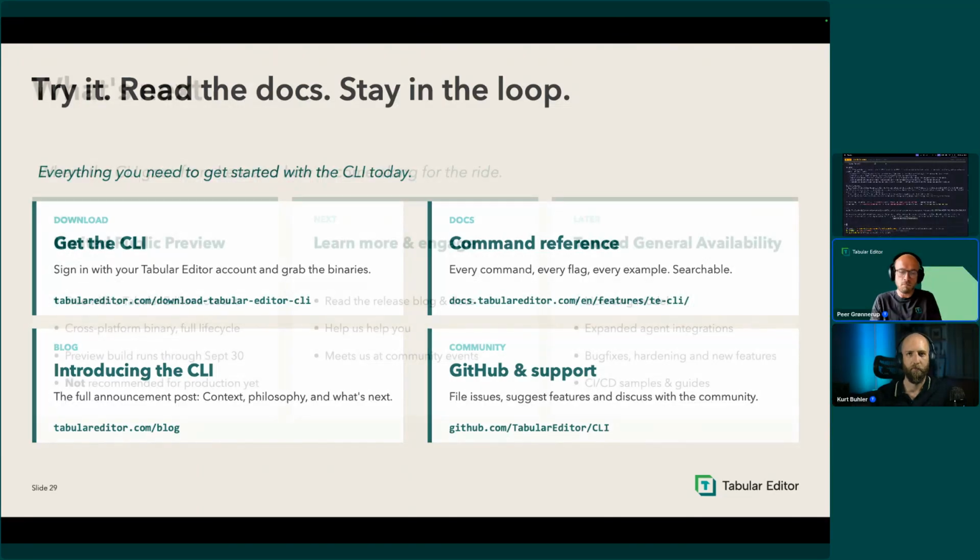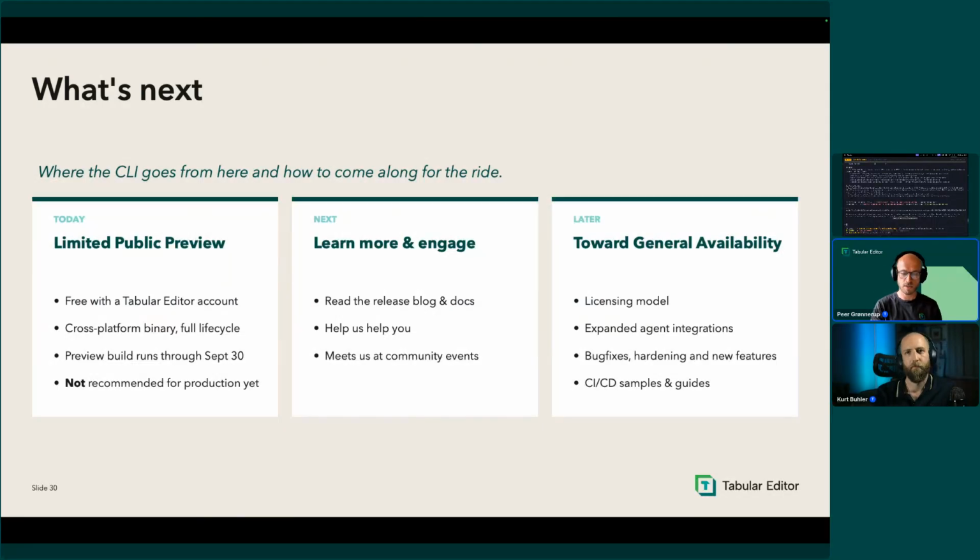And you might do that due to the fact that we are currently in what we call a limited public preview. And limited means that the CLI in its current state will have end of life end of September. So that also means, of course, due to the fact that it's public preview and is limited, we do not recommend that you use this in your production workflows.